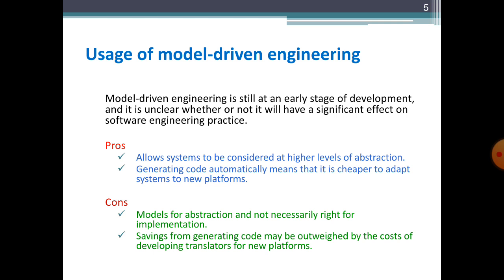That's why MDE raises the level of abstraction in software engineering. So software engineers no longer have to be concerned about programming language details or the specific execution platform. So this is about model driven engineering.